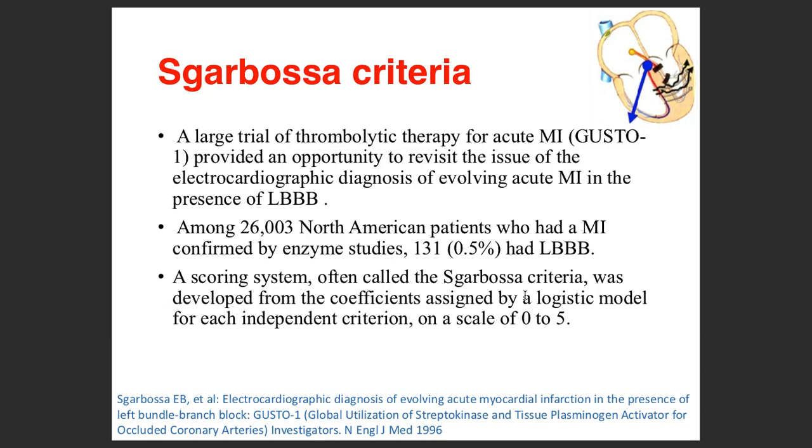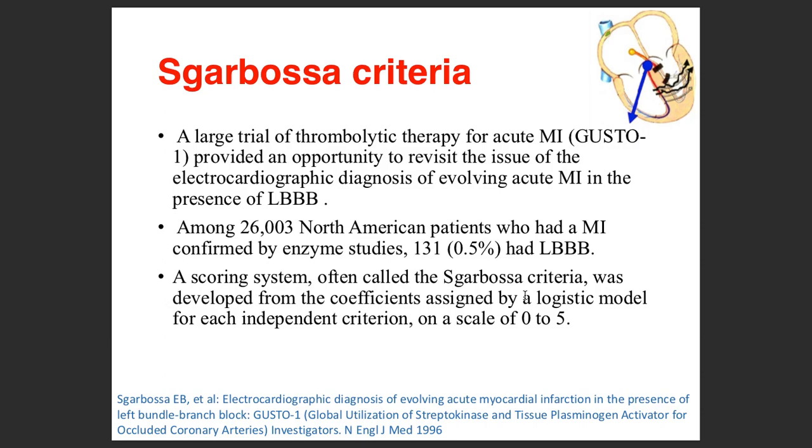Okay. So we already spoke about that. On the basis of these studies, they were able to come up with a set of criteria, what is called the Sgarbossa criteria. So what is that? This was observed in nearly 26,000 North American patients, in which it was confirmed that it is a myocardial infarction with left bundle branch block.